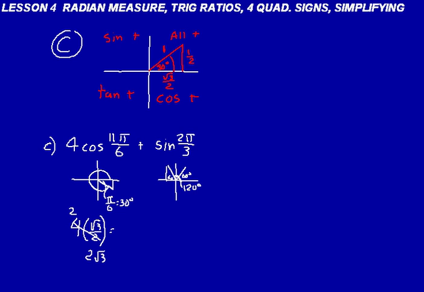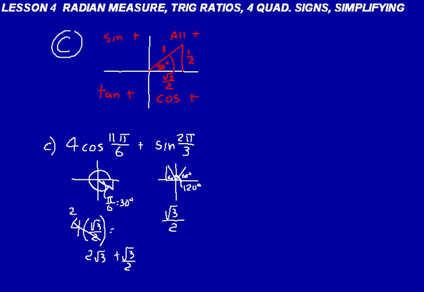And so here we're doing sine. In that second quadrant, that's going to be positive, we know. Well, we just look at the opposite side too, and we can see it's positive. 60 degrees, that means that side is the square root of 3 over the hypotenuse of 2. So we'll be adding 2 times the square root of 3 plus the square root of 3 over 2 together.